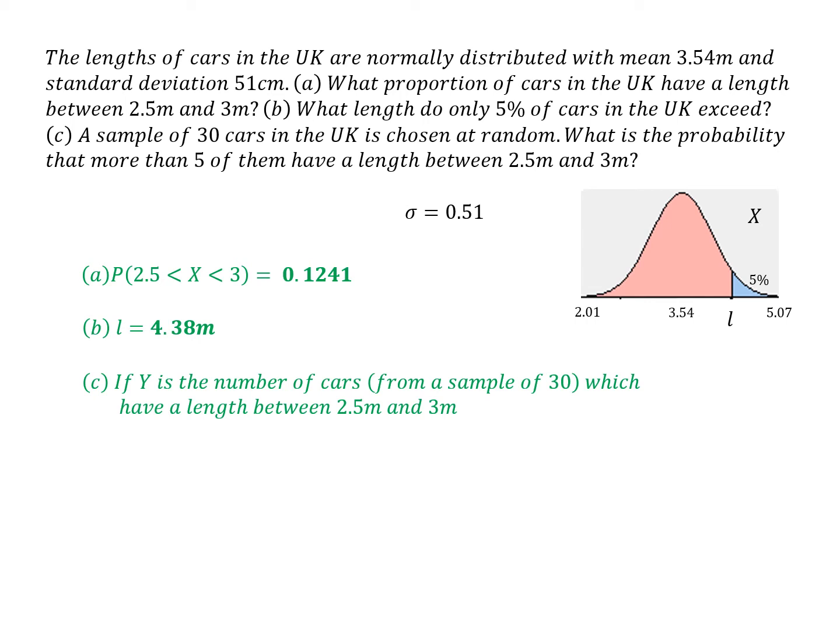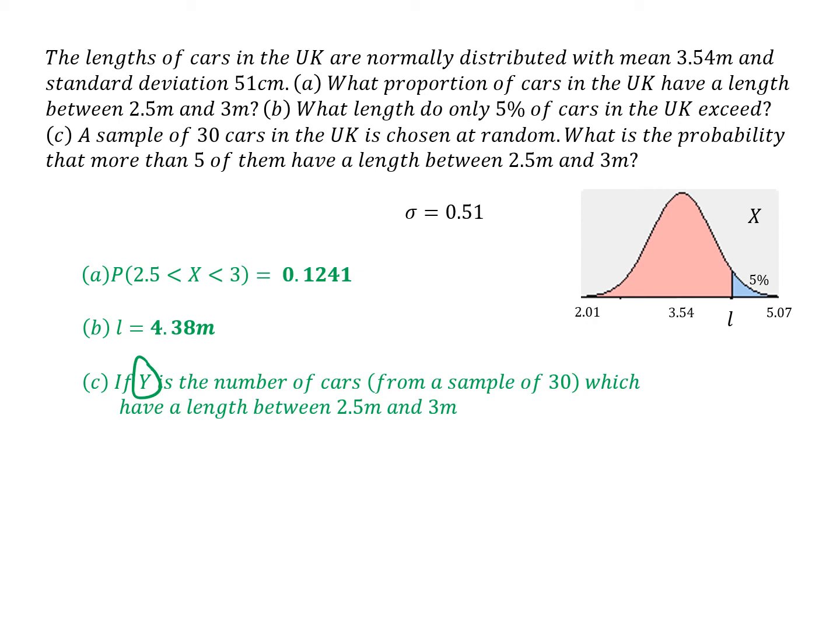We're going to call this probability distribution Y, and Y is the number of cars from a sample of 30 which have got a length between 2.5 and 3 meters.